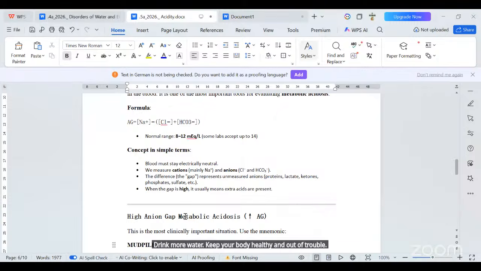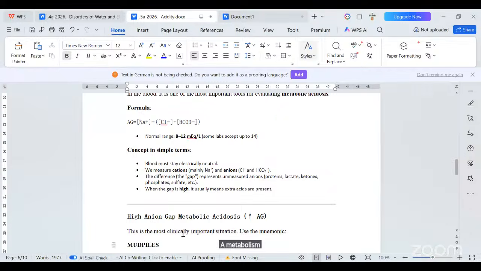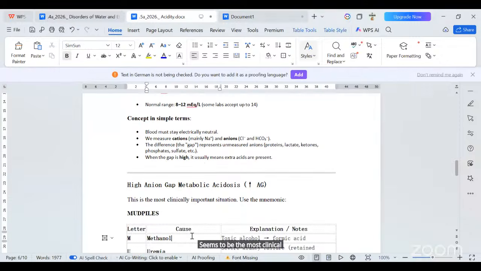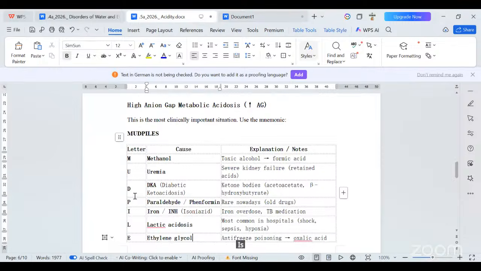Now, high anion gap metabolic acidosis seems to be the most common clinical situation, which is why the acronym MUDPILES is used to denote the causes of a high anion gap.